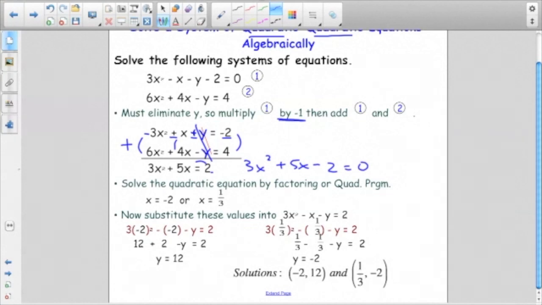Okay, so let's type it into the quad program. And I get negative 2 1/3. Now I substitute these into any of the functions. I picked 1. So I get 12 and I substitute there, and I get negative 2 there. So my solutions are as follows.